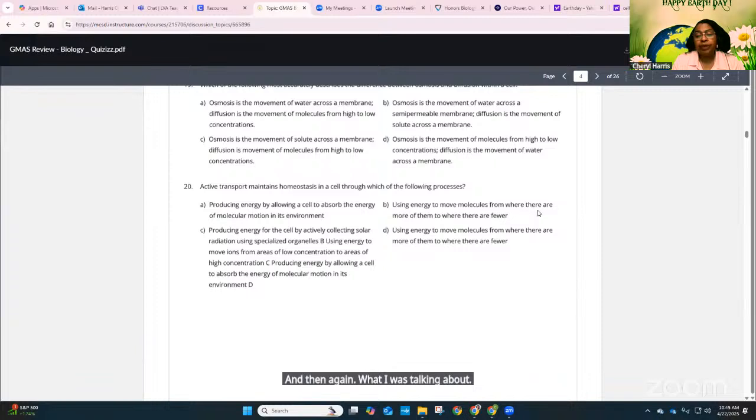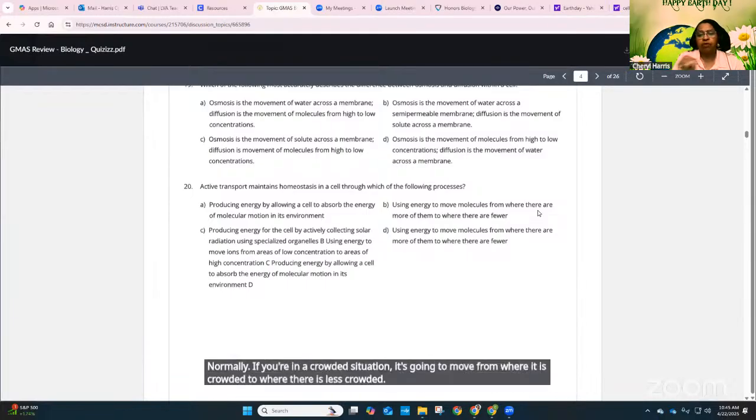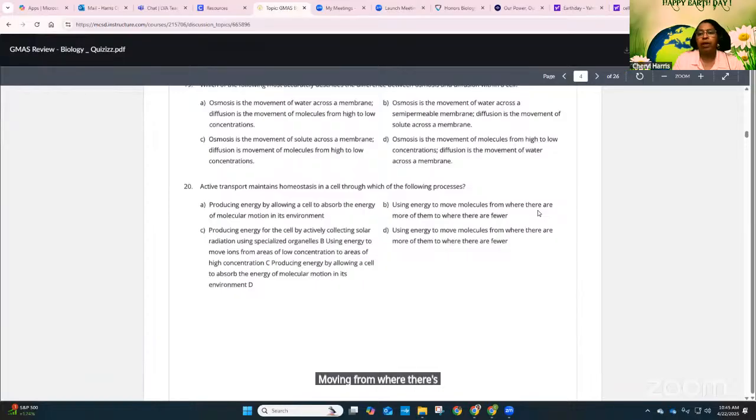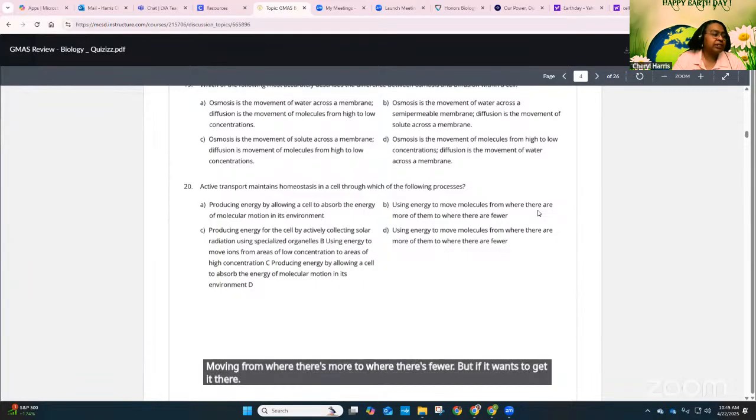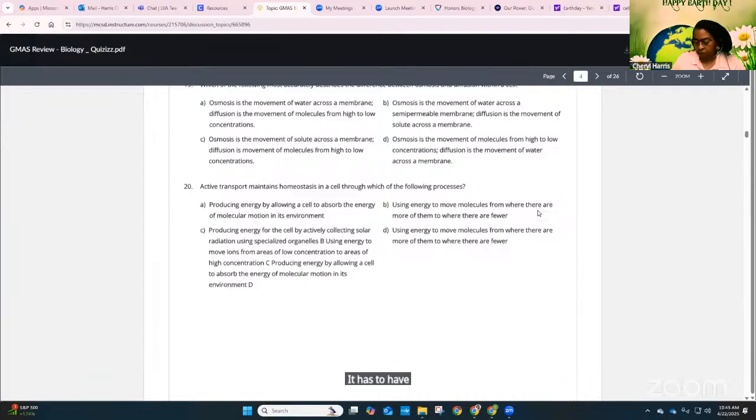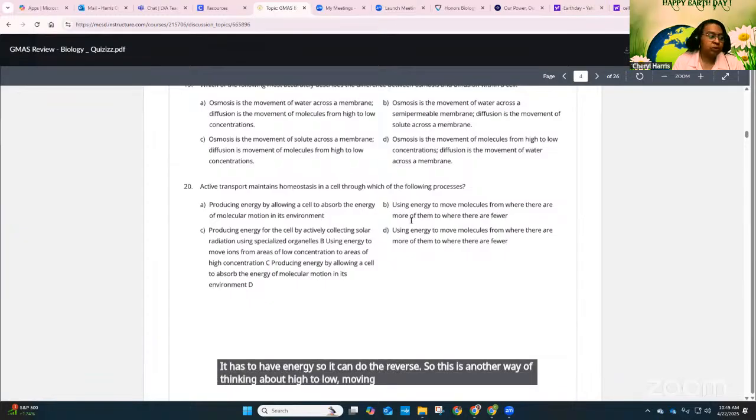Normally, if it's in a crowded situation, it's going to move from where it is crowded to where it is less crowded, moving from where there's more to where there's fewer. But if it wants to get it there, it has to have energy, so it can do the reverse. So this is another way of thinking about high to low, moving it from where there is more to where there is less.